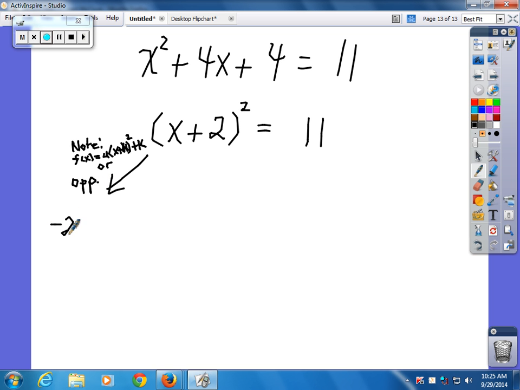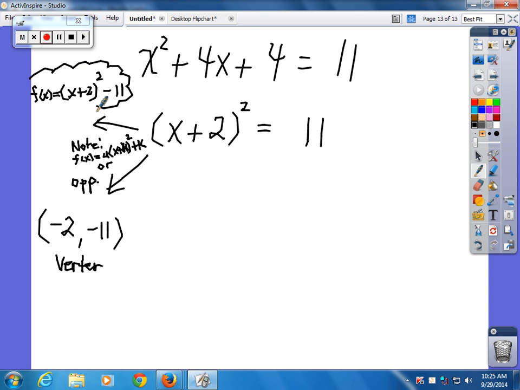Negative 2 and what? Negative 11, and that's your vertex. If you do it the other way, you'll get f of x is equal to x plus 2, quantity squared, minus 11.